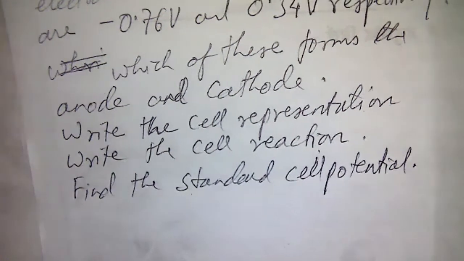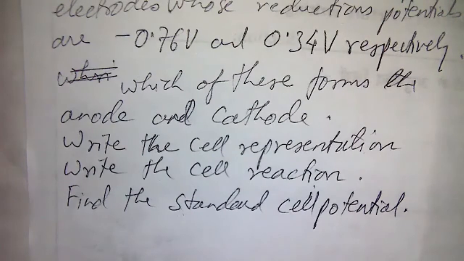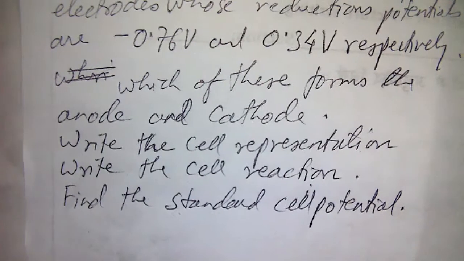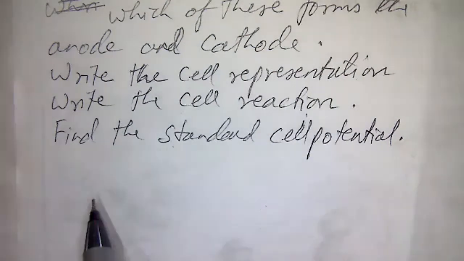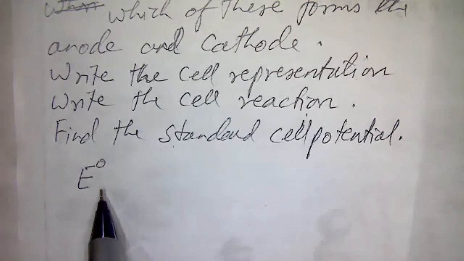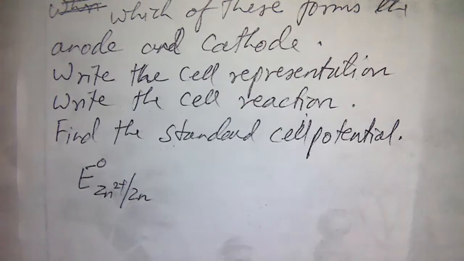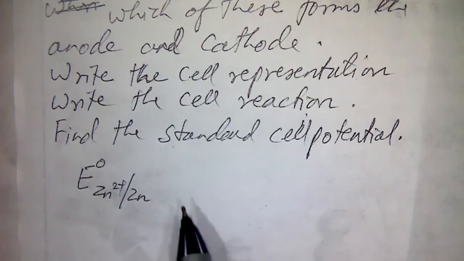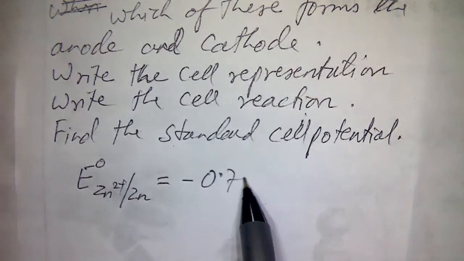Clear? To do this, we take the help of the potentials which are given. You already know the reduction potentials are given. E naught, they are standard. So zinc ion to zinc, this reduction potential is equal to minus 0.76 volt.